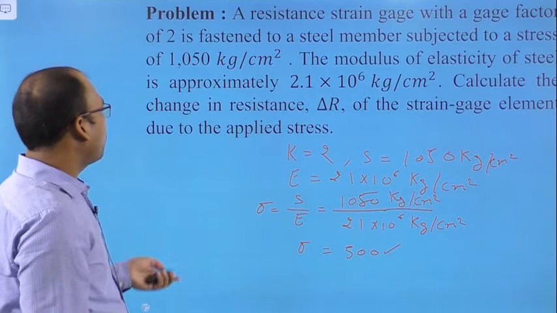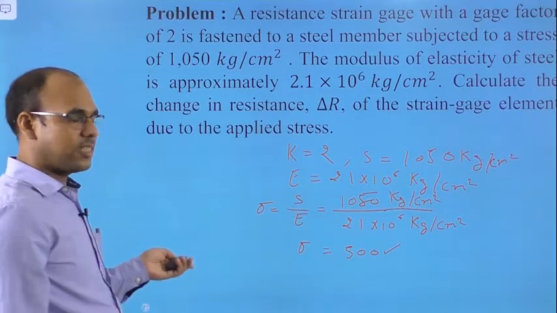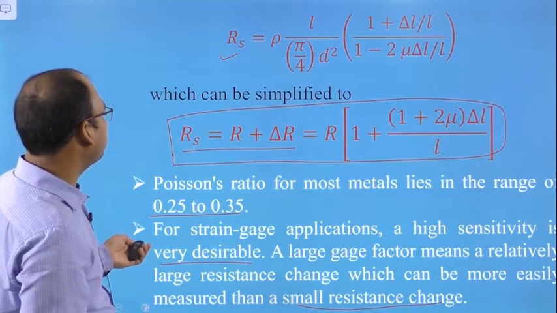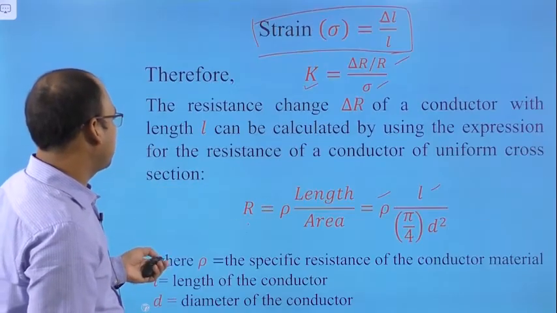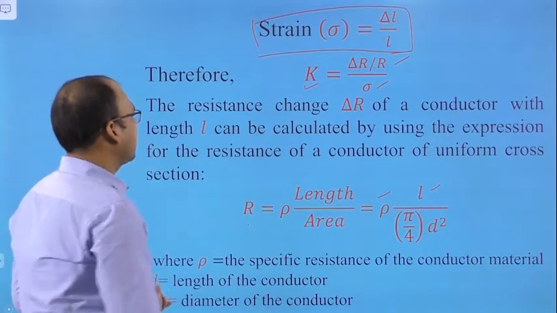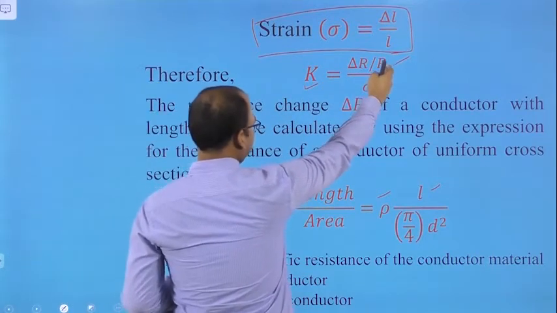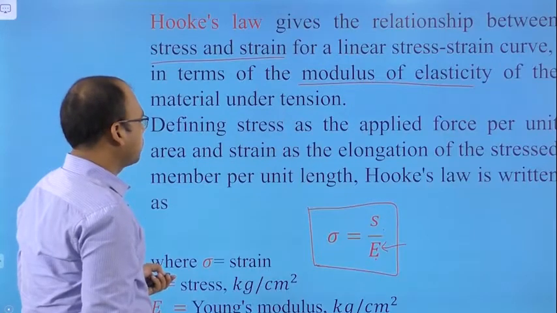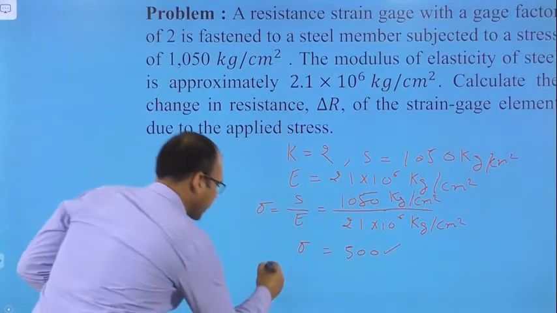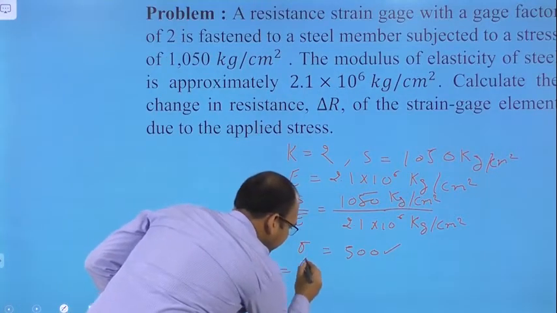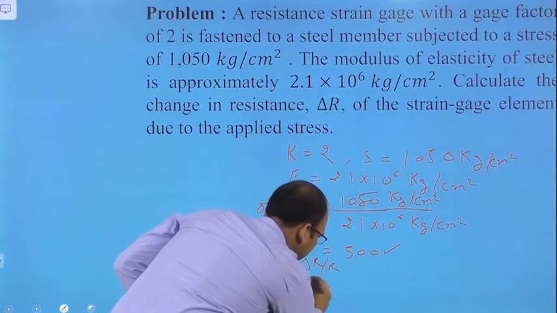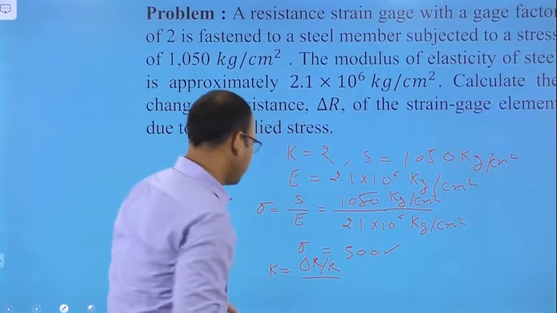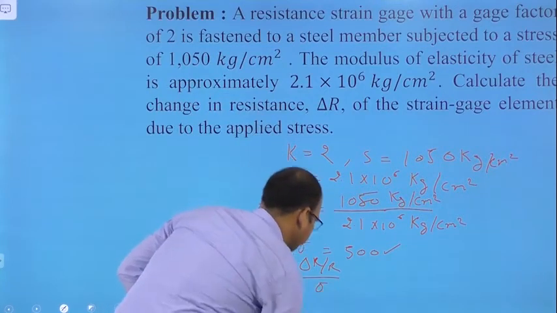Now we have to calculate the change in resistance, and as you know the previous formula over here, that is K is equal to the change in the resistance over my sigma, right? So that formula we can use. K is equal to delta R over R divided by sigma.